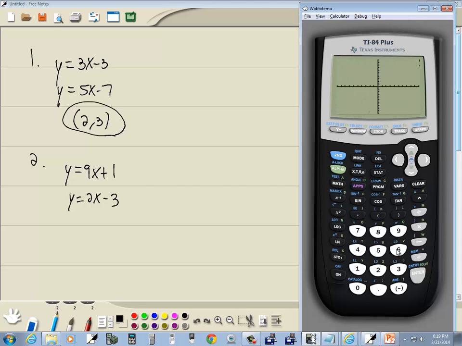That sets it back to your standard viewing window. While it's thinking, I'm not going to do anything while those little dashes are going in the upper right-hand corner. Now I'll go to Y equals, press clear on Y1, down arrow to Y2 and press clear. Our first equation, 9x plus 1, I'm going to put on Y1. I'll down arrow to Y2, and put my second equation, 2x minus 3.